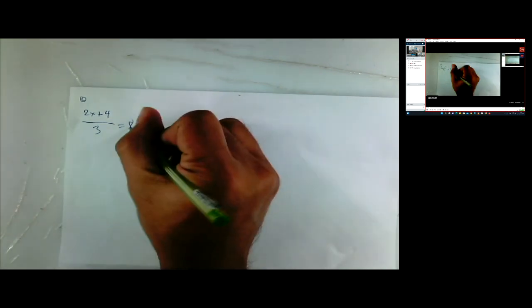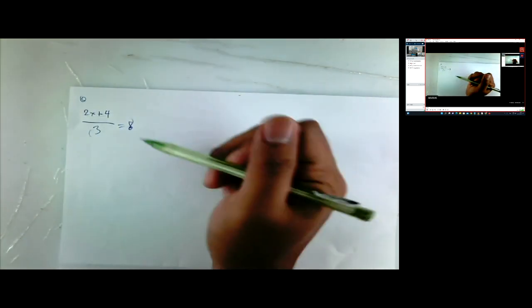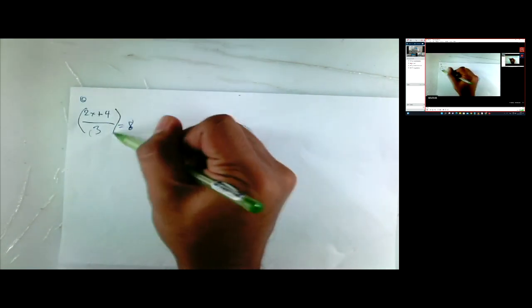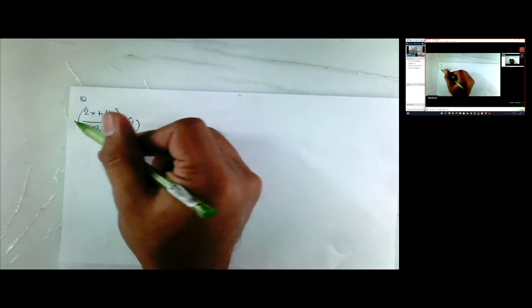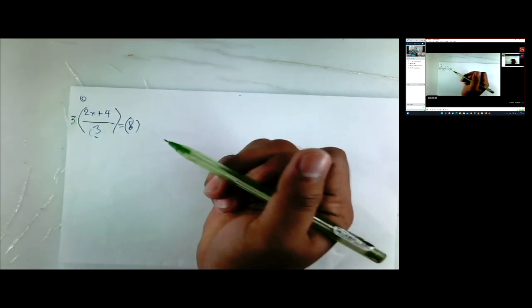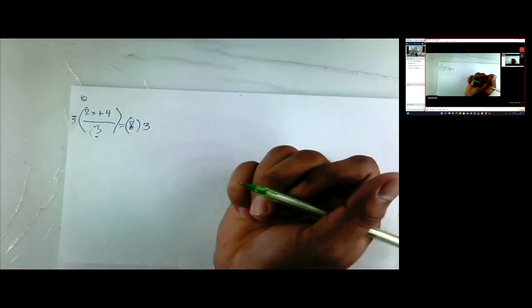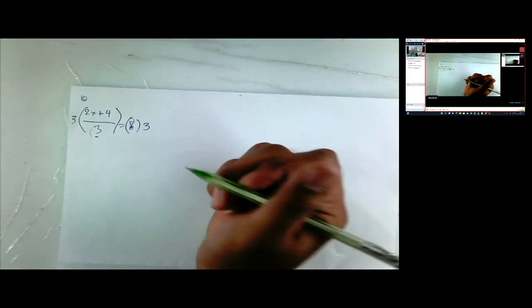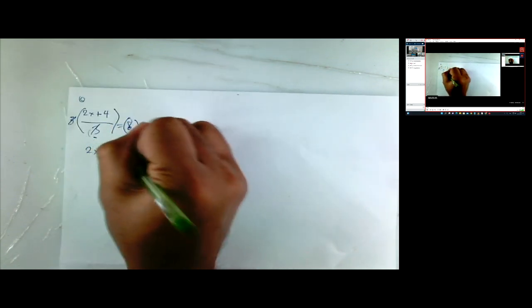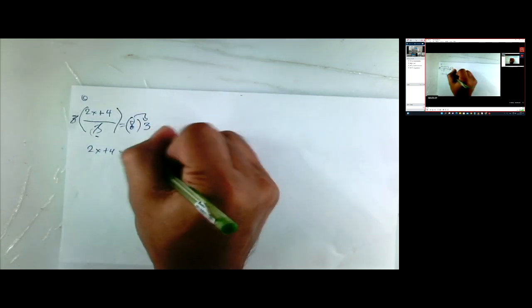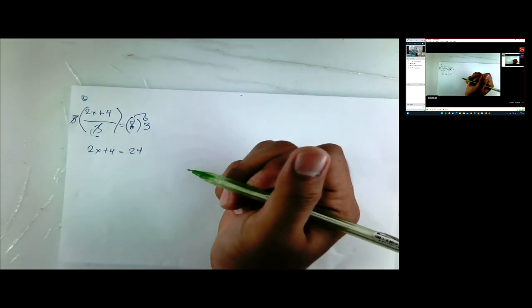So if we're going to solve that, first we need to remove the denominator. To remove the denominator, we can multiply by the denominator itself, which is 3. And if you multiply the left side by 3, then you need to multiply the other side by 3 as well. And so you will have here 2x plus 4 is equal to 8 times 3, which is equal to 24.